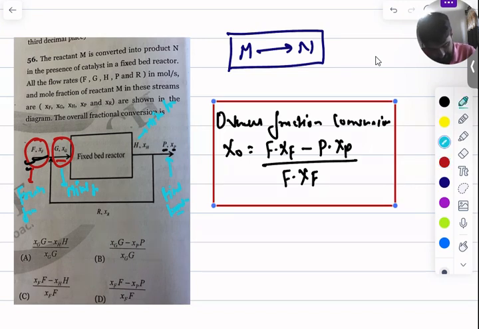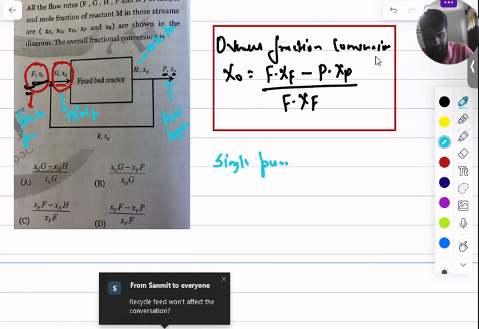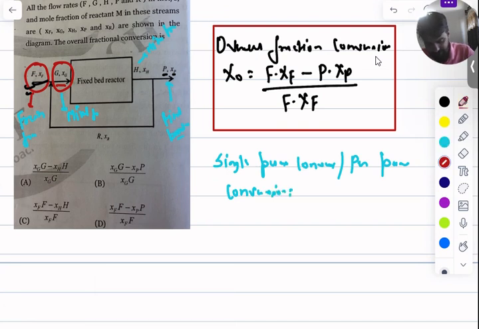Now, when we talk about the single pass conversion, or it can be called as per pass conversion, that can be written as mixed feed minus mixed product divided by, I mean, that is based on the reactor entry. So this will give you the per pass conversion.